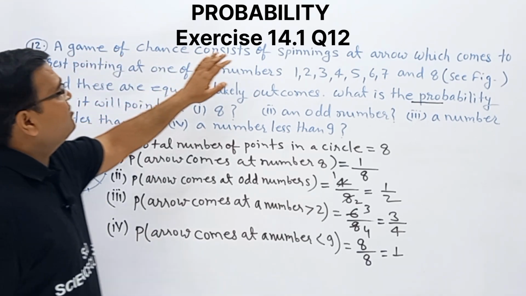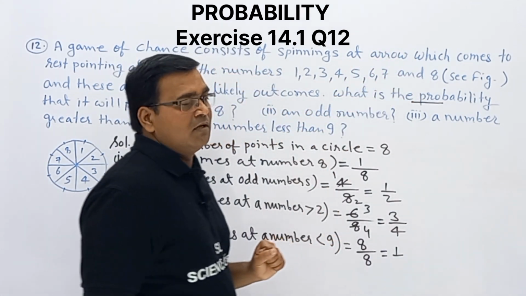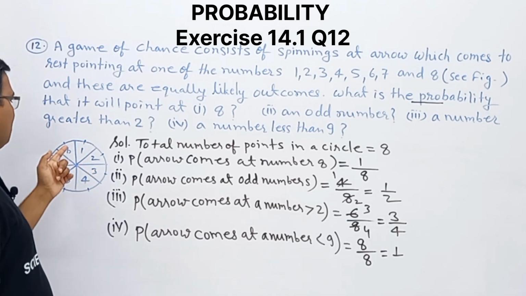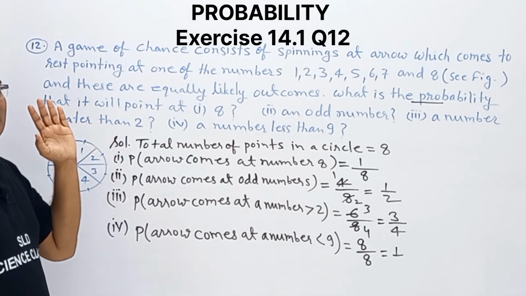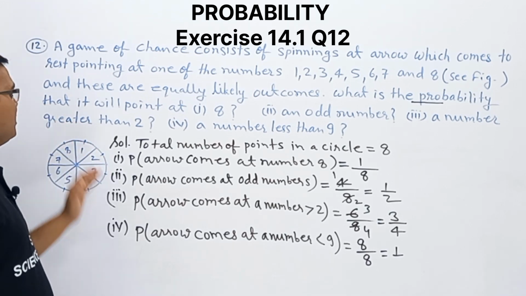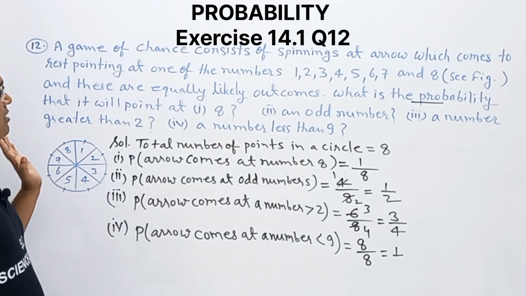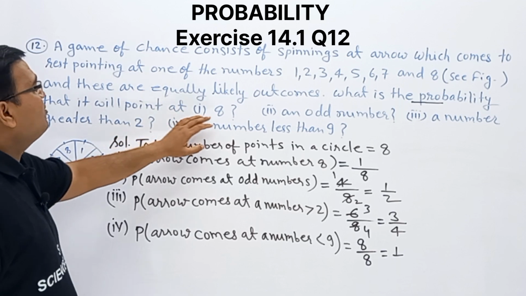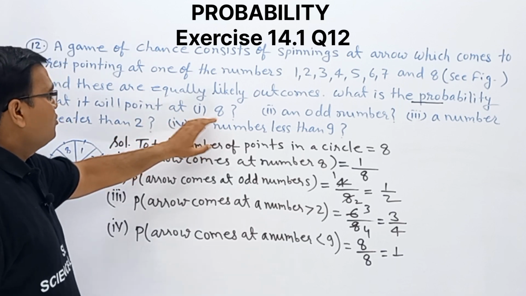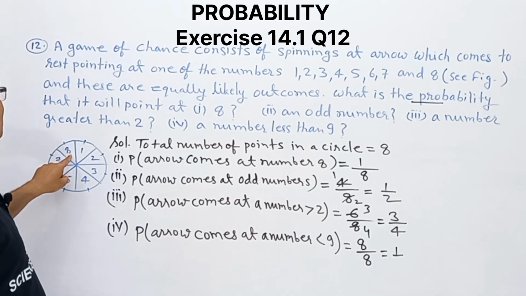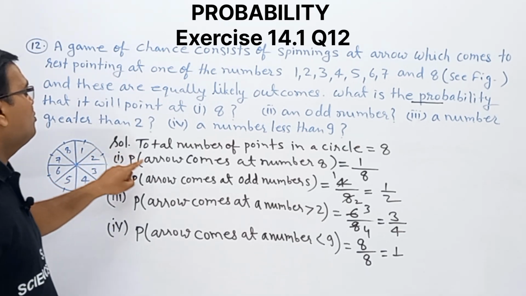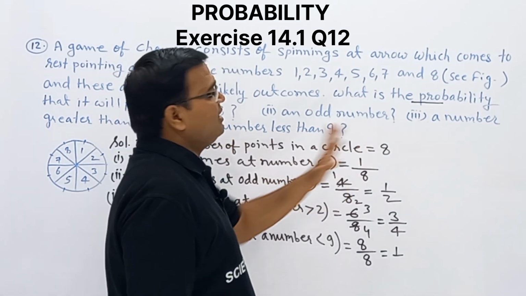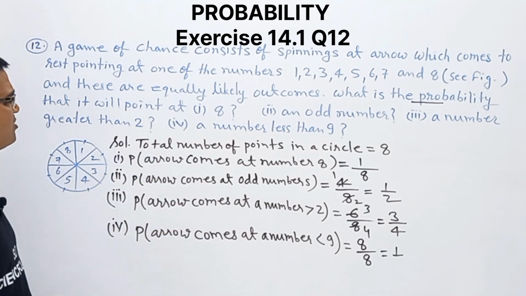A game of chance consists of spinning an arrow. We have one circle in which one arrow is moving, with 8 points showing 8 numbers from 1 to 8. Now we want the probability of the arrow coming at 8. The number of favorable outcomes is 1. So the probability is 1 upon total possible outcomes, which is 8, because we have 8 points and 8 numbers.